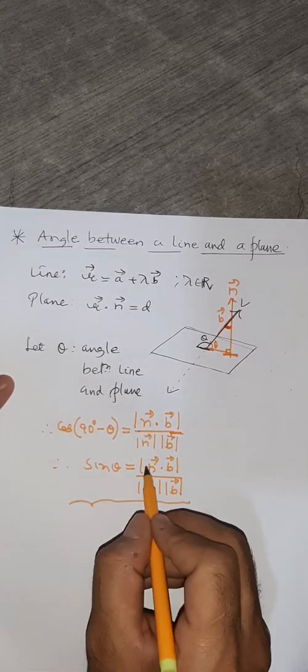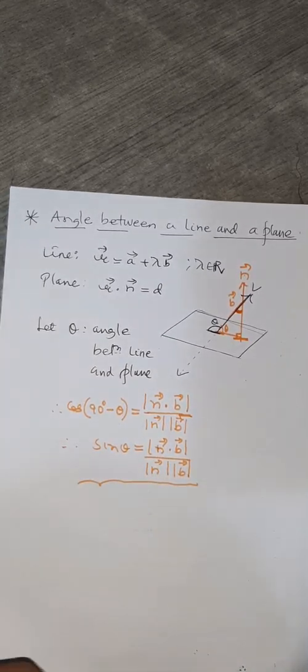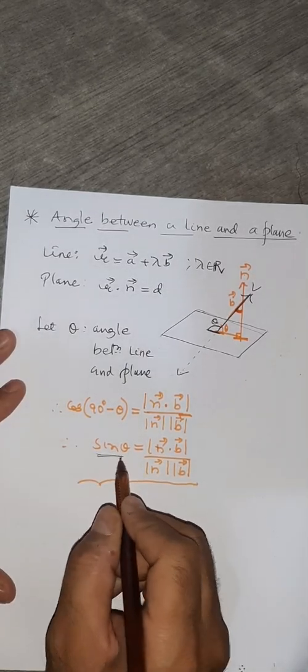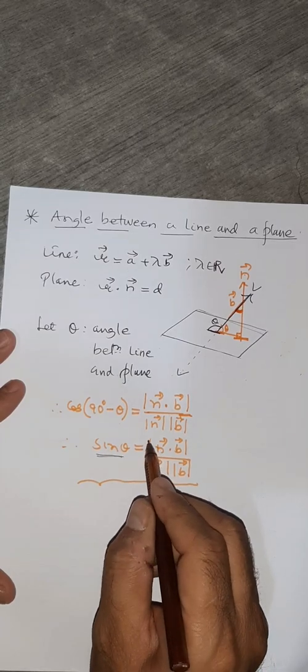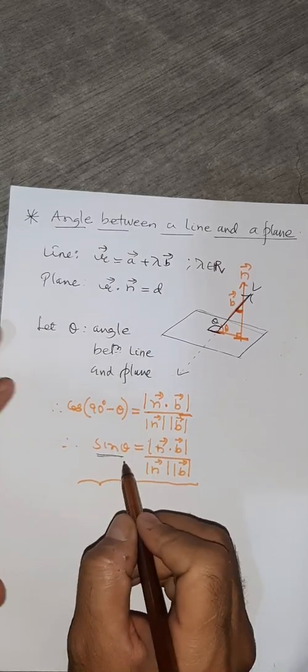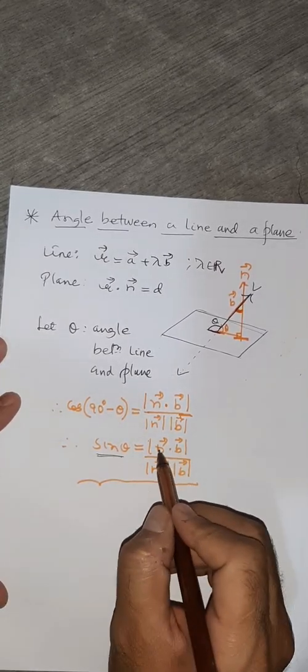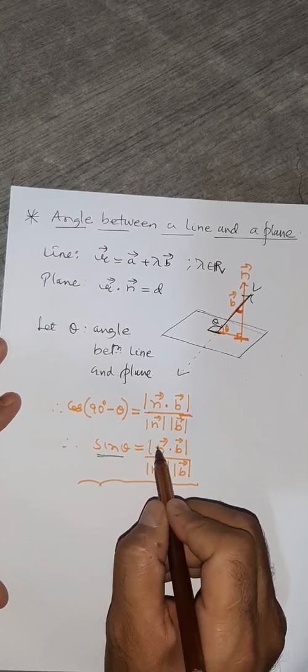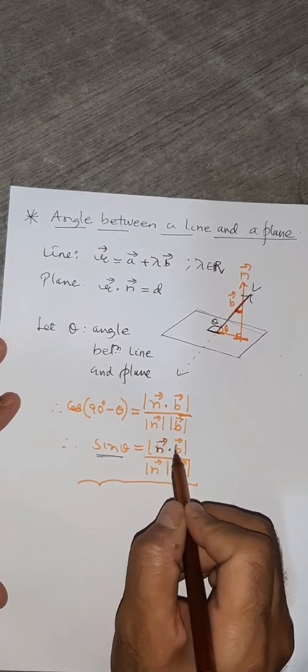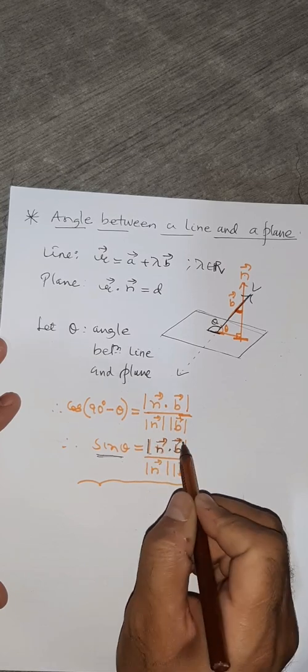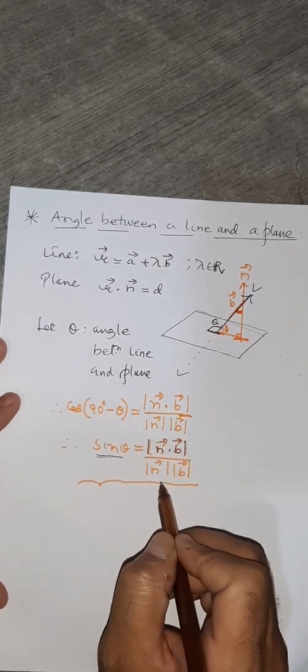So this is the formula to get the angle between a plane and a line. Here on the left hand side you have the sine function, remember. In all the earlier formulas you had the cosine function. Sine theta equals the dot product of the normal to the plane and the direction of the line, with modulus, upon their individual modulus.